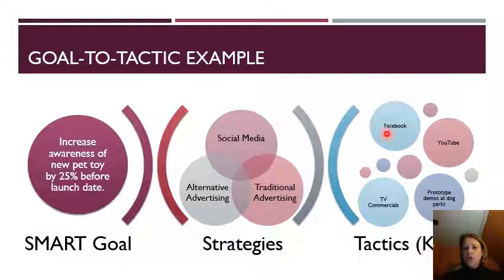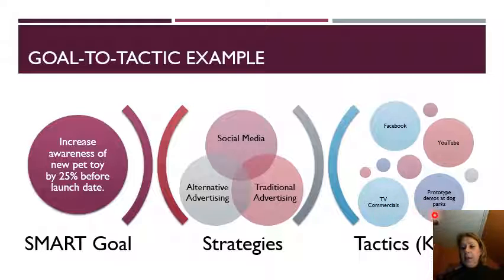So for social media, this new pet supply already has a Facebook page, so I might build that up a little bit. I might include a YouTube channel, and I have a particular reason for this, because I want to do TV commercials as my traditional advertising, and companies will put their commercials on YouTube.